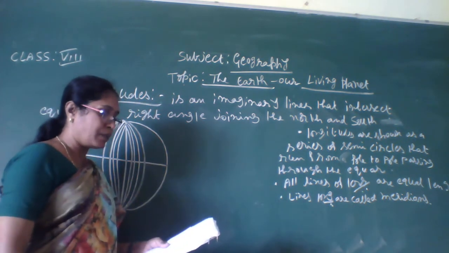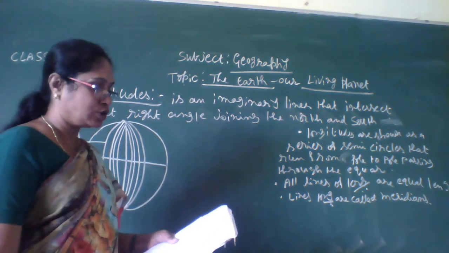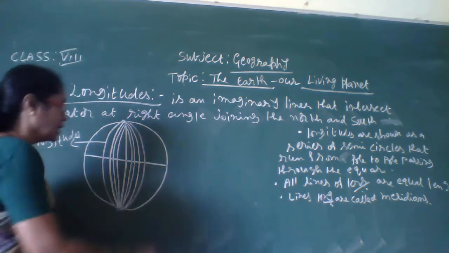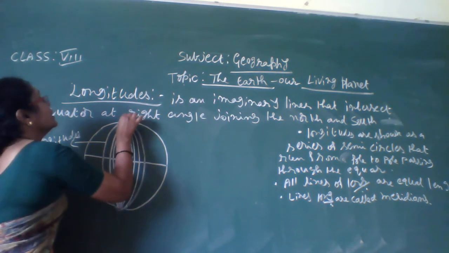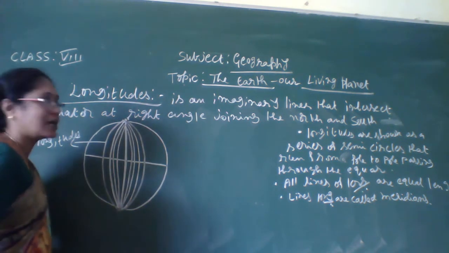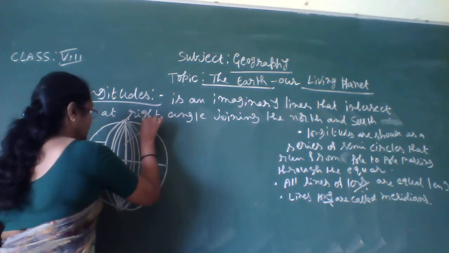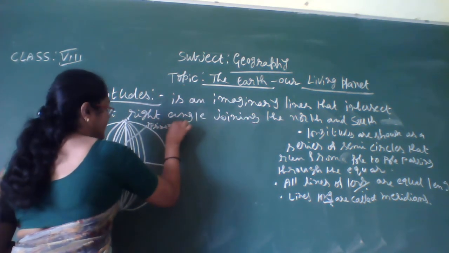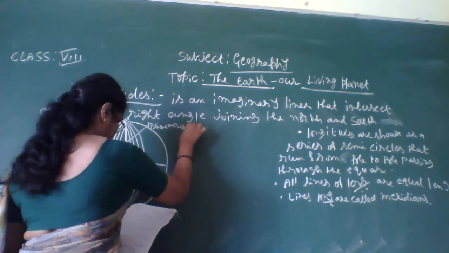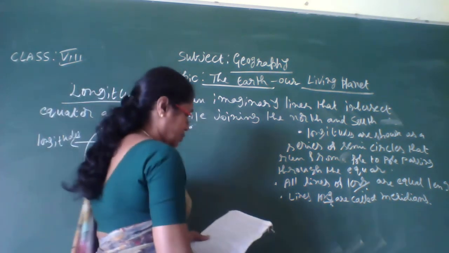Then the meridian passing through Greenwich has been chosen as the prime meridian. This 0 degree longitude in the middle is called the prime meridian. Next one: the meridian passing through Greenwich.